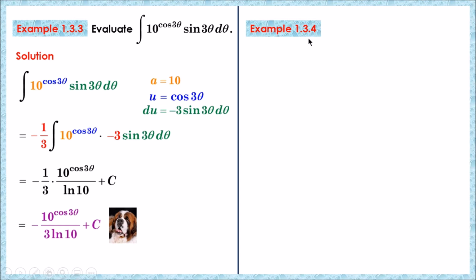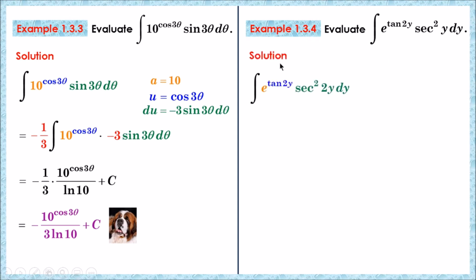Example 1.3.4. Evaluate the integral of e to the tangent 2y secant squared 2y dy. Solution. Given the integral of e to the tangent 2y secant squared 2y dy, let's take tangent 2y to be its u. Du is equal to 2 secant squared 2y dy.